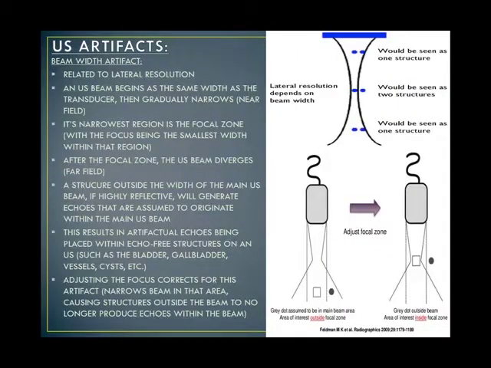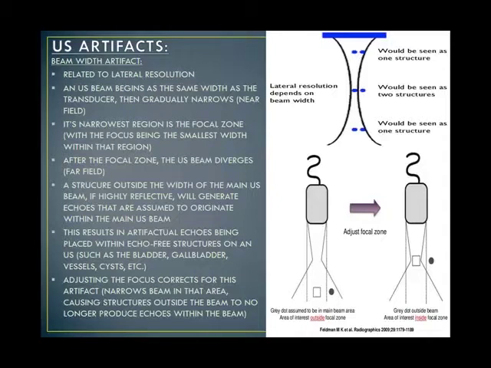The next one is our beamwidth artifact, and this is related to lateral resolution. So an ultrasound beam, when it starts out, here's our transducer. The beam starts out as the same width as the transducer, and then it gets narrower and narrower until it reaches its narrowest point, and then it widely diverges.